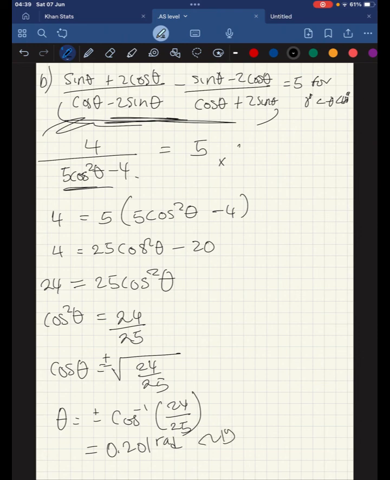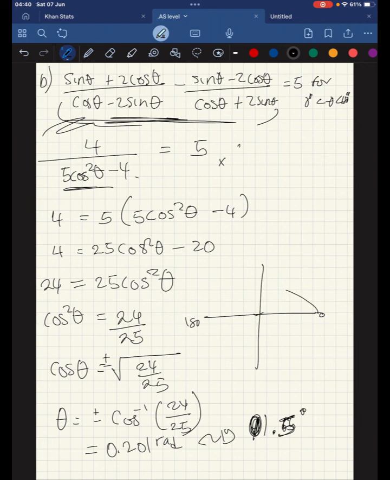And then that's around 11.5 degrees. And then for the second quadrant, they said between 0 and 180.